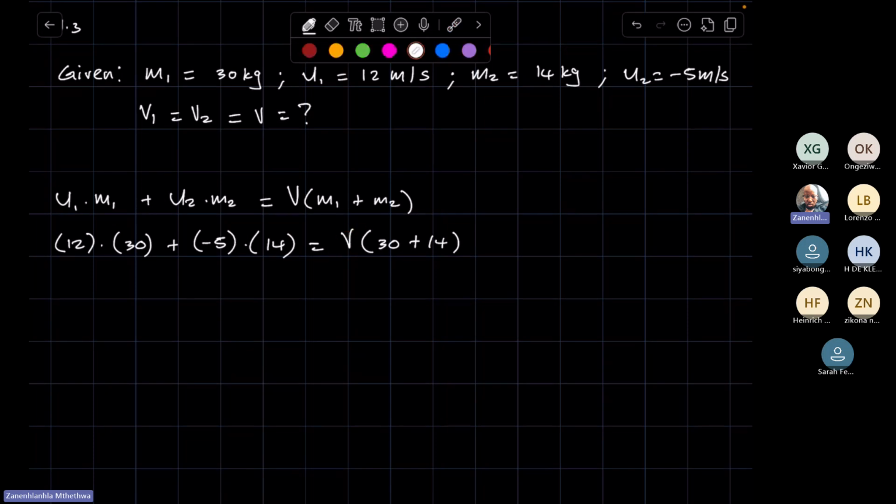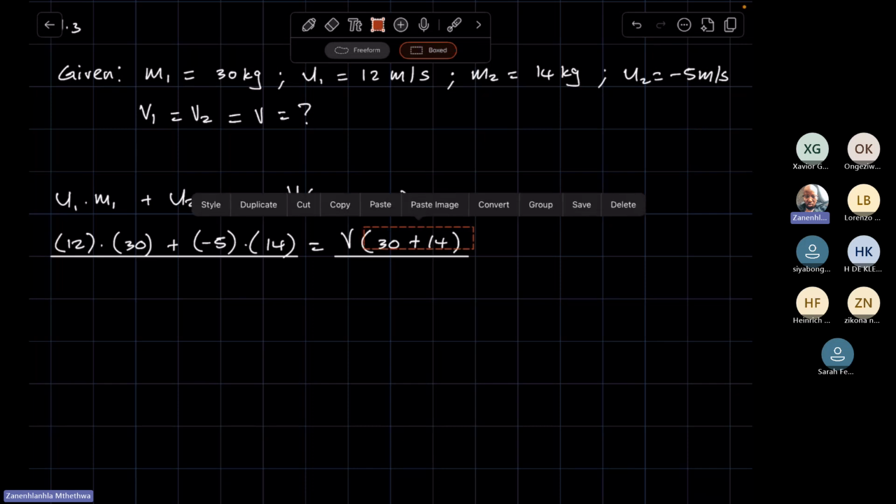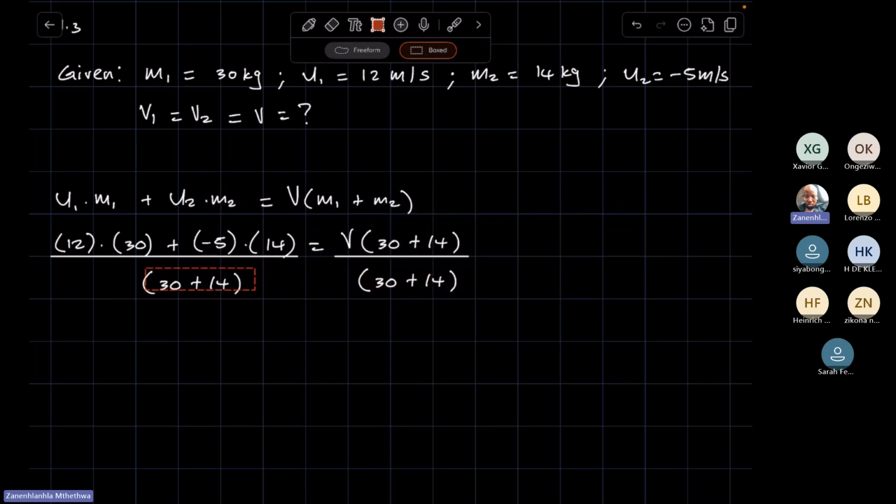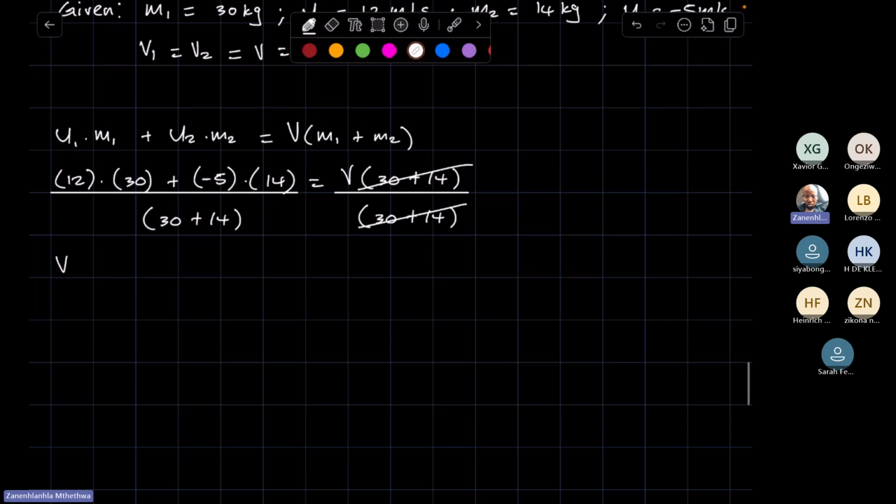In making v the subject of the formula, we divide both sides by the 30 plus 14 to get rid of it. Divide by this, both sides. And then, of course, you get rid of that, meaning that v is equal to this here.